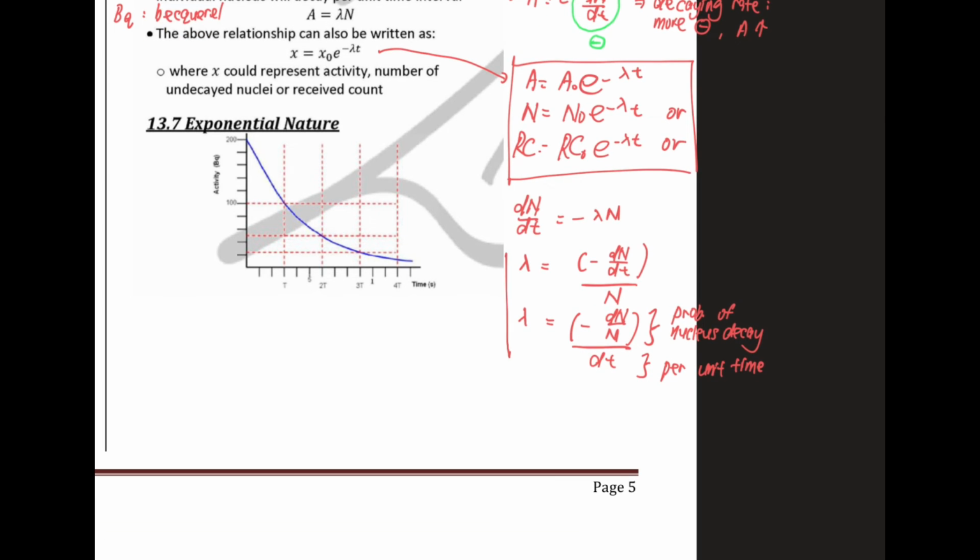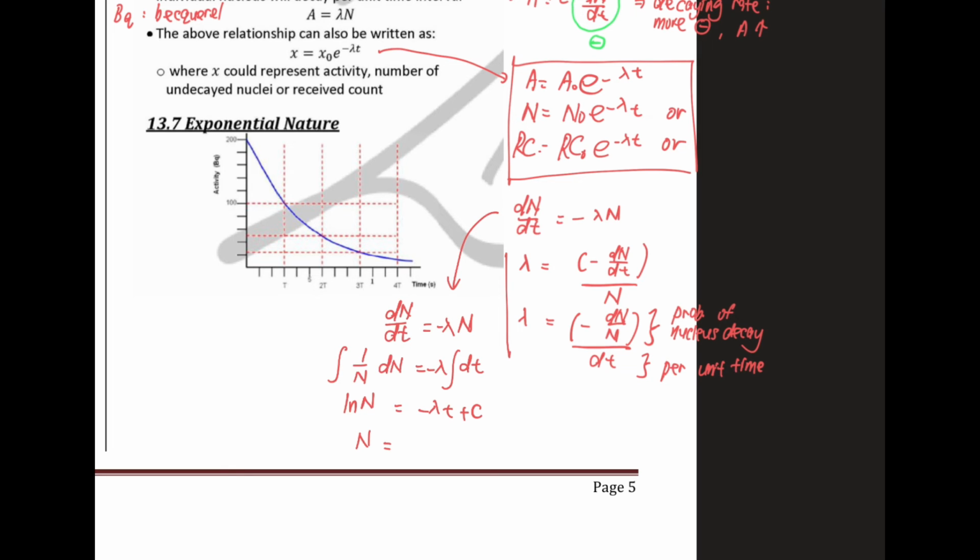Besides this, we have another thing to know. dN/dt equal to minus lambda N. We can do a differential equation also, where we can do 1 over N dN equal to minus lambda dt. Then we integrate on both sides. So ln N equals minus lambda t plus c.